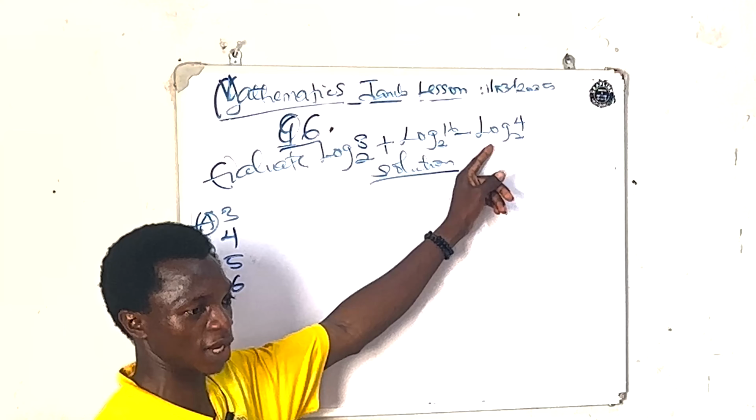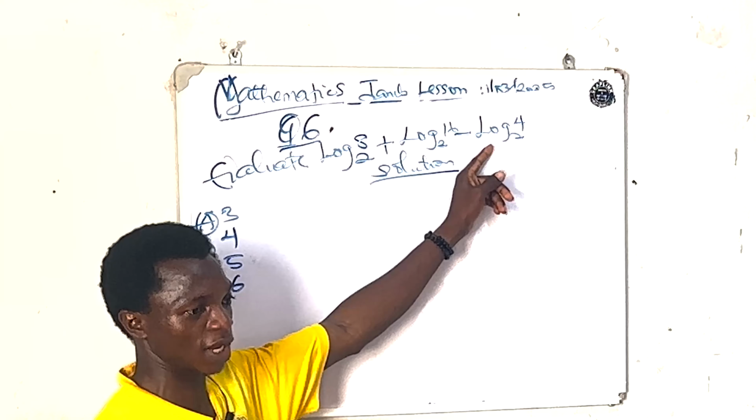Express this in standard form. So if you want to express the product of this number and this in standard form, what is a product? A product is multiplication. In other words, a product is the result obtained where two or more numbers are multiplied together.